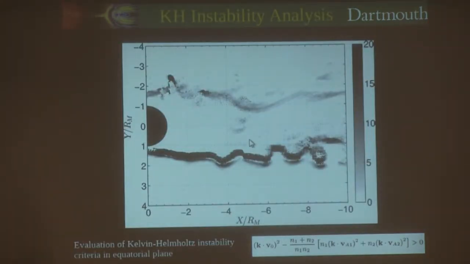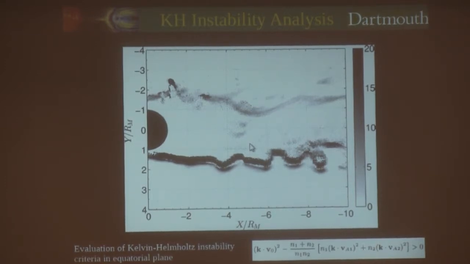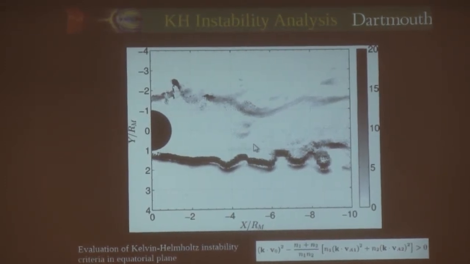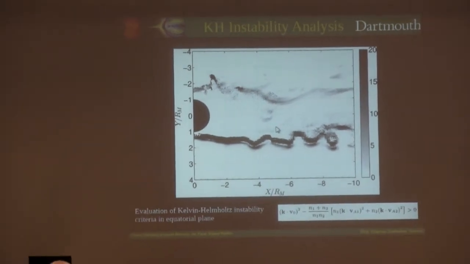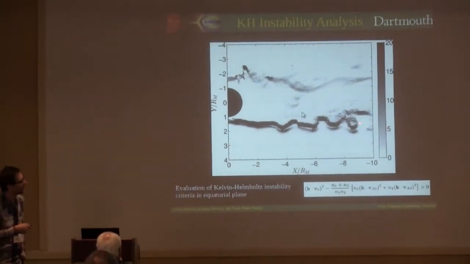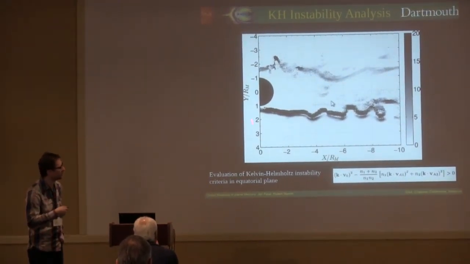Now you can evaluate this expression in the equatorial plane. This is what you get, assuming that the thickness of that shear layer is that of the fastest growing mode of the Kelvin-Helmholtz instability. And if you evaluate it in the equatorial plane, you see again that the dusk side is highly unstable to KH, because it prevails for such a long distance, it extends so far into the tail.